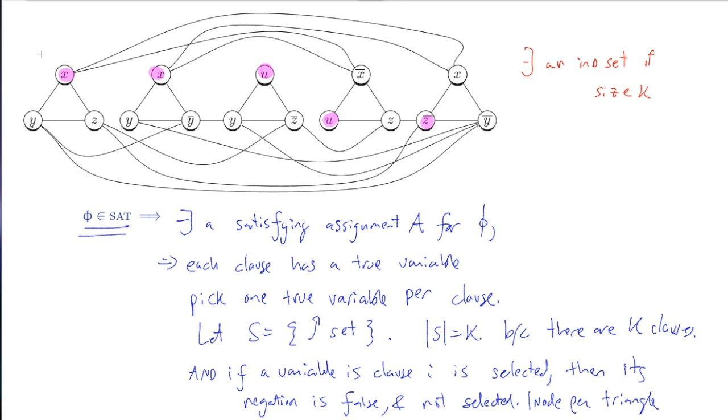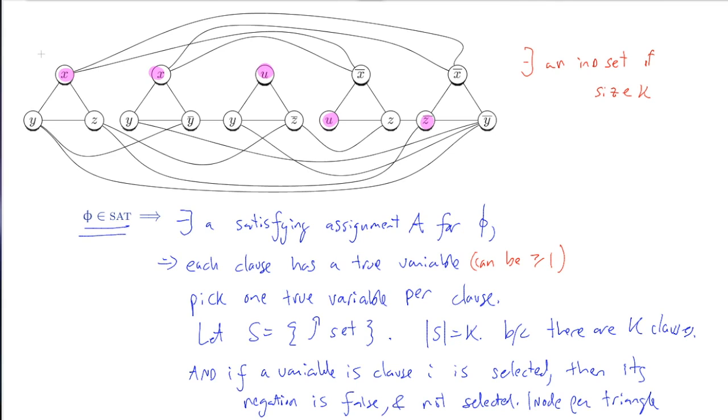That would still lead to the property that if Y is selected, then not Y is not selected in any of the other clauses. Each clause has a true variable. This is because there's a satisfying assignment. There can be more than one. We're just going to pick one of them, and that will lead to an independent set.